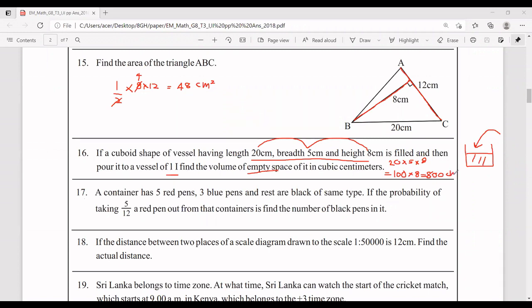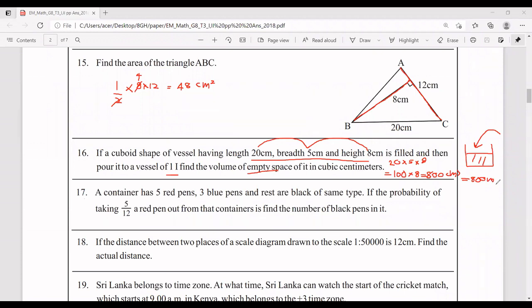Can you remember I told you, 1 cubic centimeter equals 1 milliliter. So convert this into milliliters. You can write this as 800 milliliters. 800 cubic centimeters equals 800 milliliters.